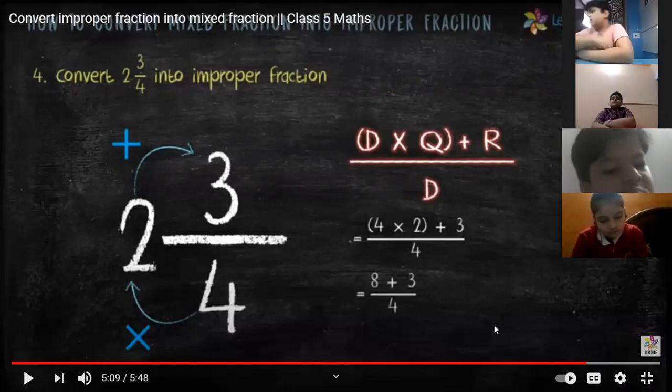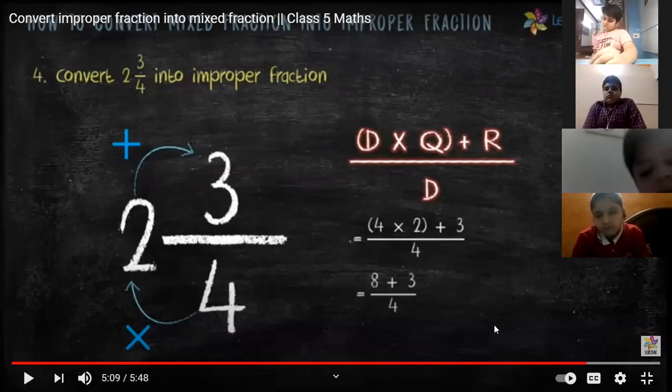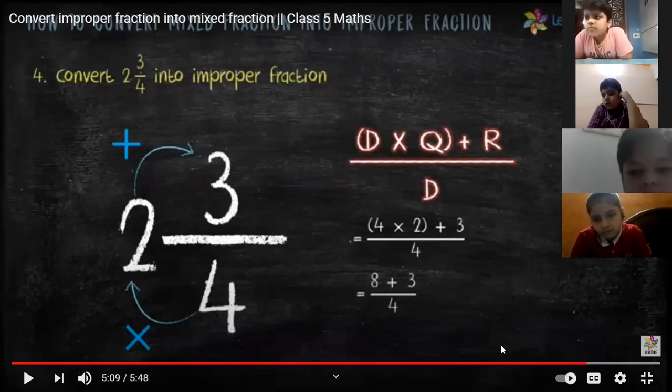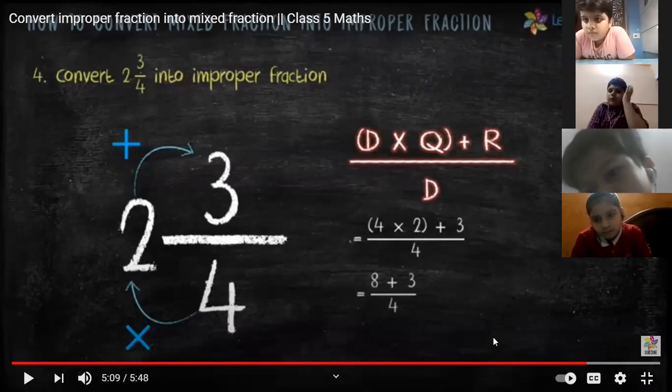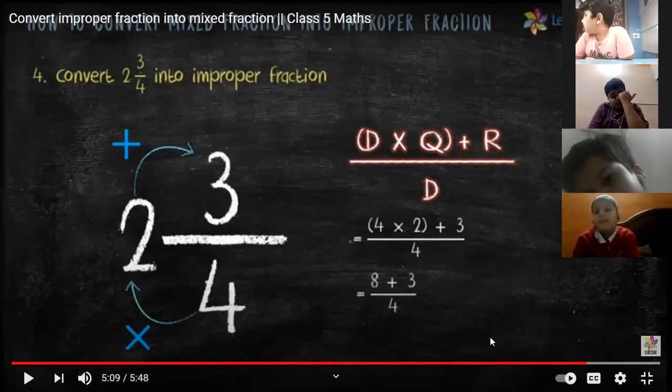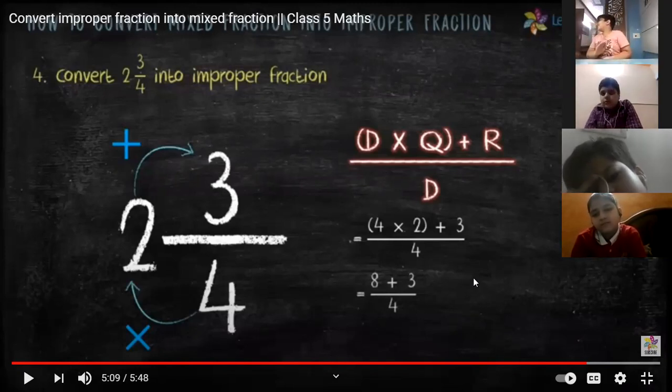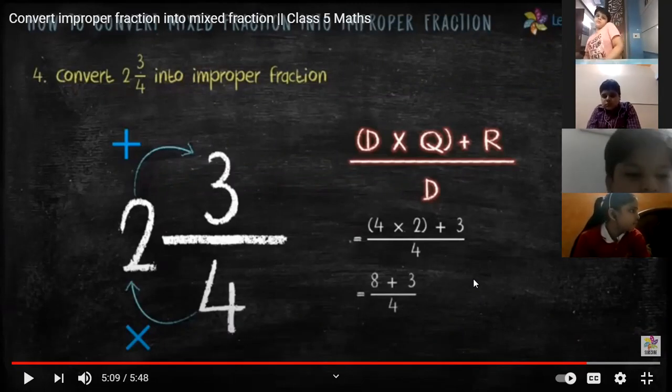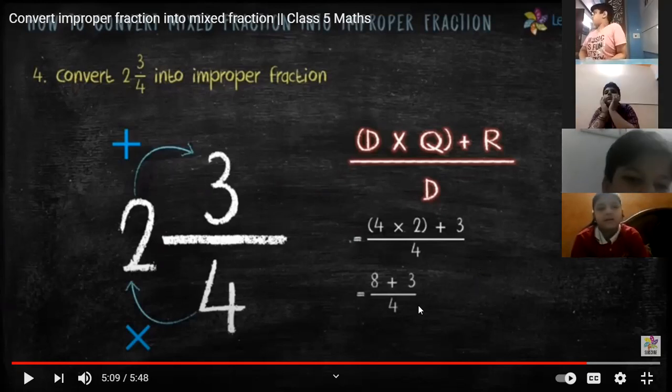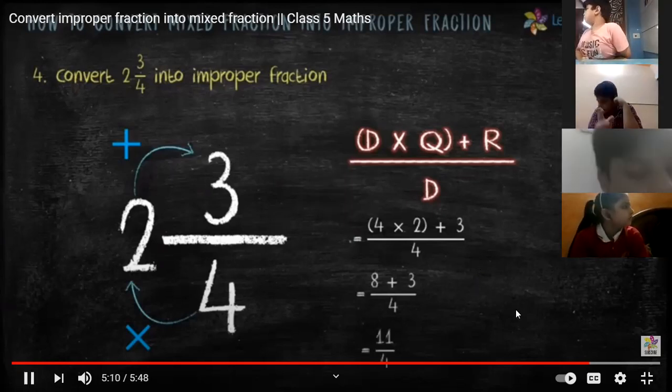Ma'am, 11 is on the top, at the numerator place, and this 4 is at the denominator place. So simply we can say 11 by 4. This is the way to read a fraction. Okay, beta? Clear? So 2 3 by 4 equals 11 by 4.